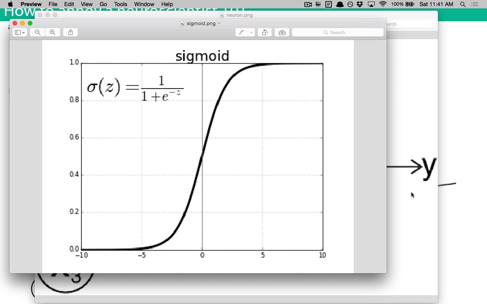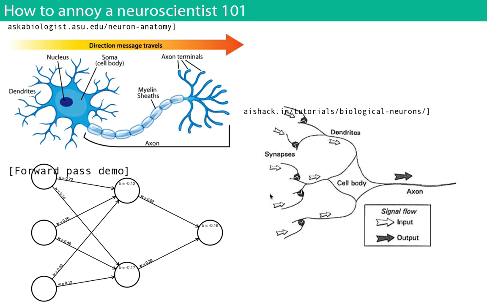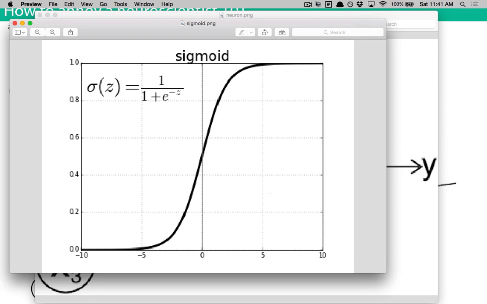It gets squashed between 0 and 1 using the sigmoid function, which is 1 over 1 plus e to the negative of whatever went into that neuron. This seems super complicated, but it isn't. Whatever this value is, it just turns it into something between 0 and 1.